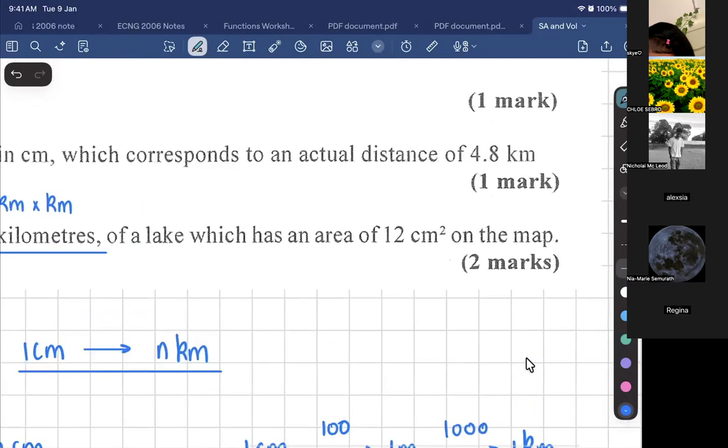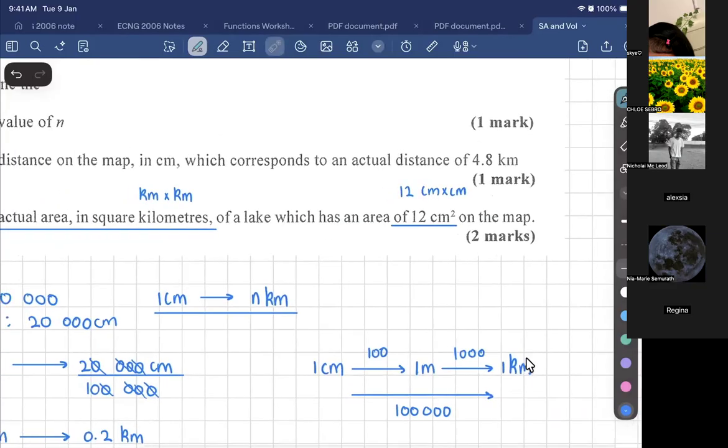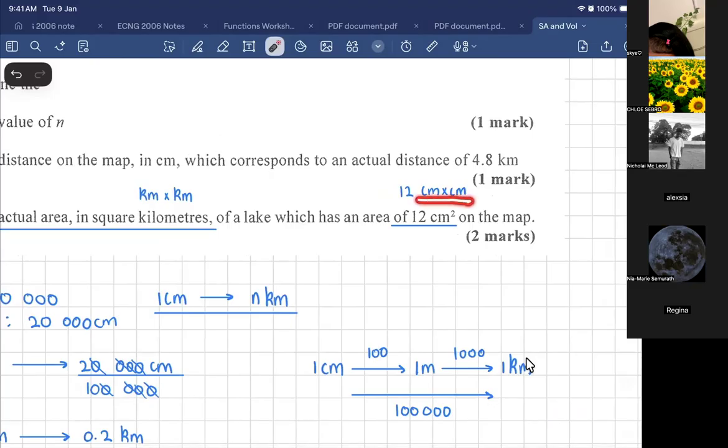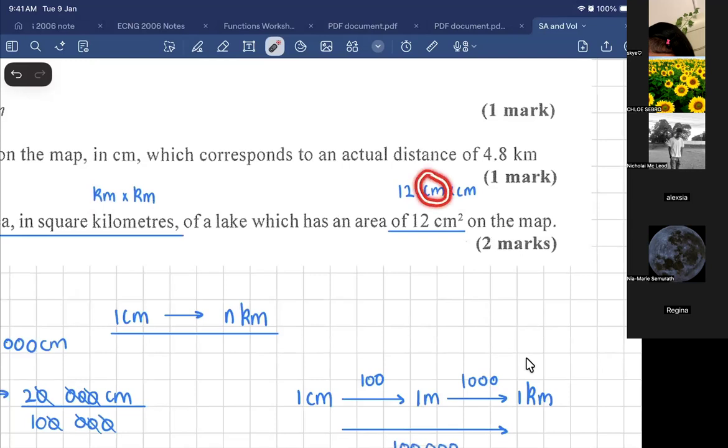And they're giving us an area here in centimeters squared, which really means 12 centimeter by centimeter. If I want to go from centimeter by centimeter to kilometer by kilometer, I would need to convert the centimeter to what? Kilometers.